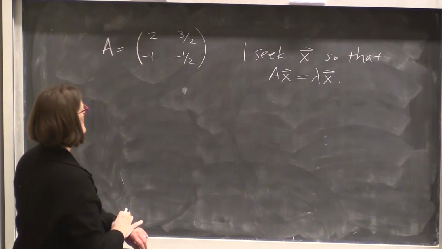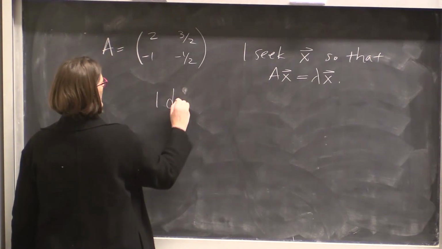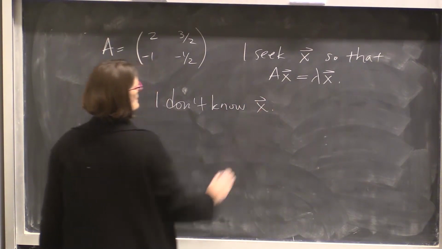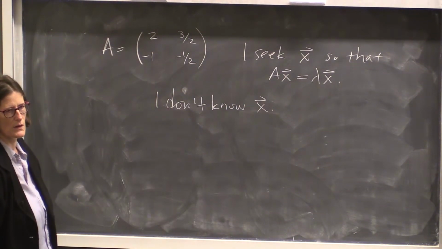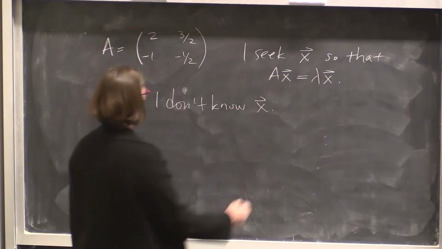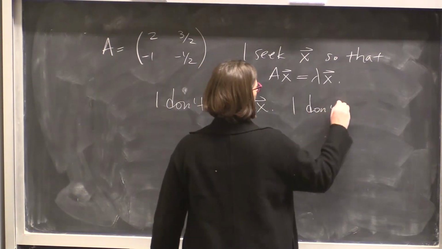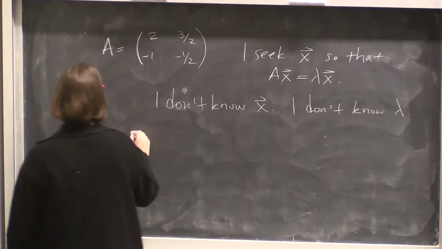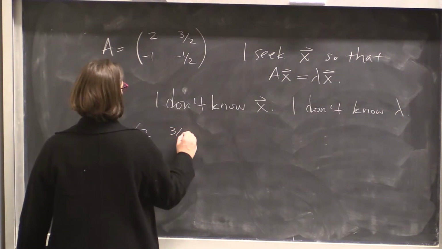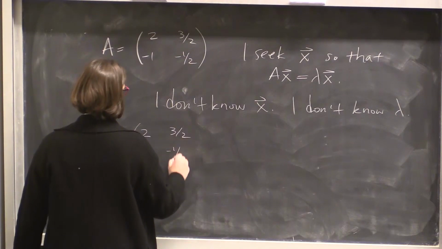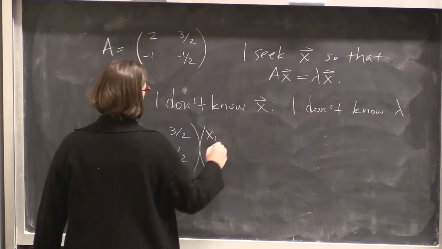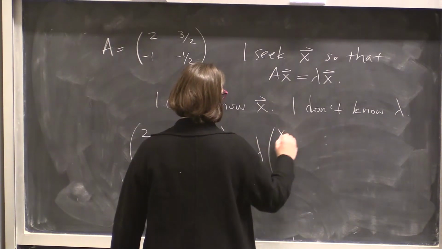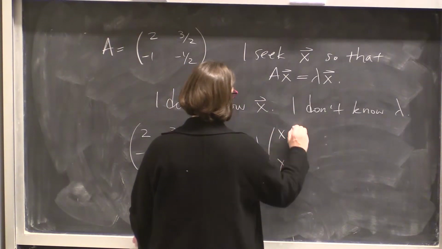The problem, I don't know x. What else do I not know? I don't know lambda. But I can start. So 2, 3 halves, minus 1, minus 1 half, times x1, x2 equals lambda times x1, x2.